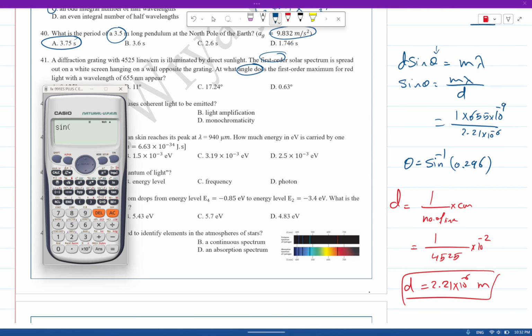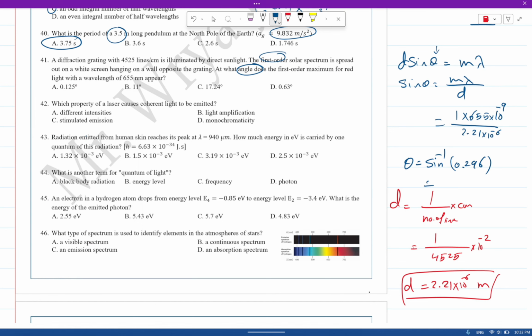Let's just say sine inverse of the answer. This will give us perhaps an even more accurate answer now. So it is going to be 17.2 here. So the angle is 17.2 degrees here. Okay, that is the angle. We have 17.2, of course, you could go further, and that is option C.